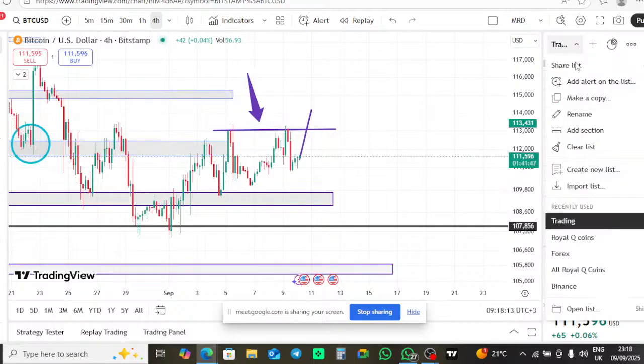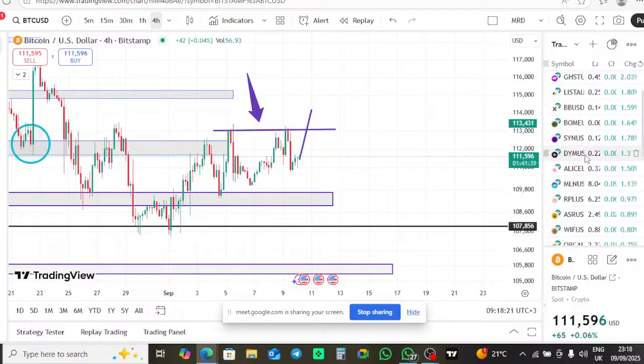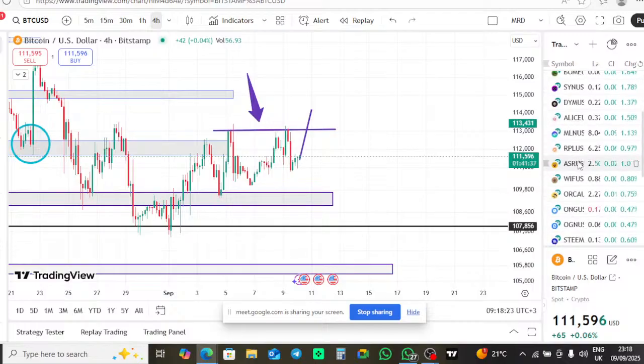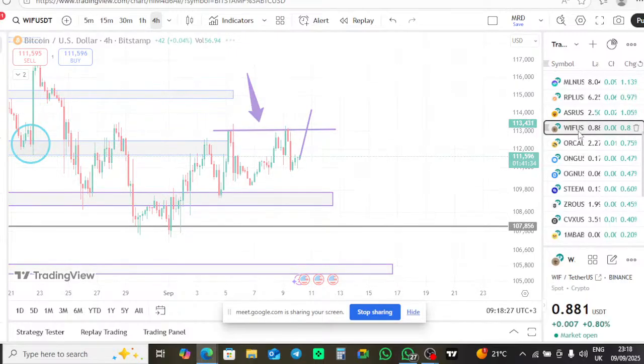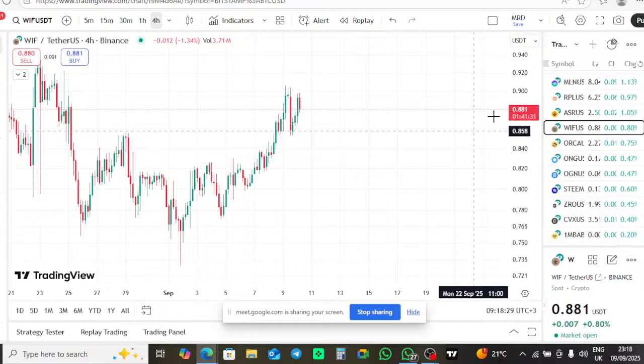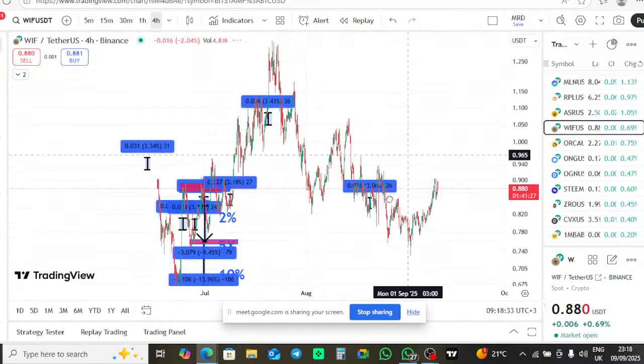So we are going to get one coin here, and we draw our support and resistances. I don't know whether this coin is having the lines. Are you having my lines or not? This one is not having.